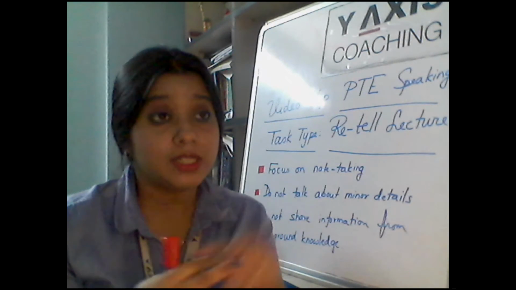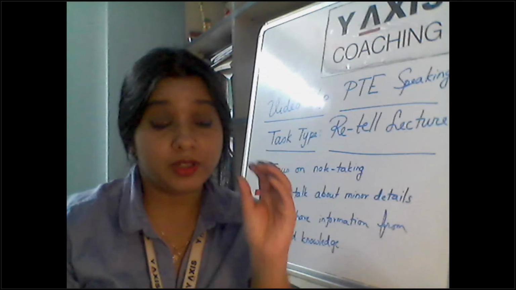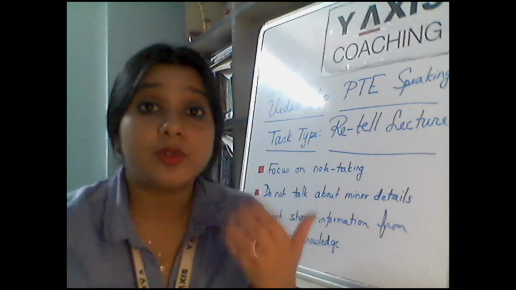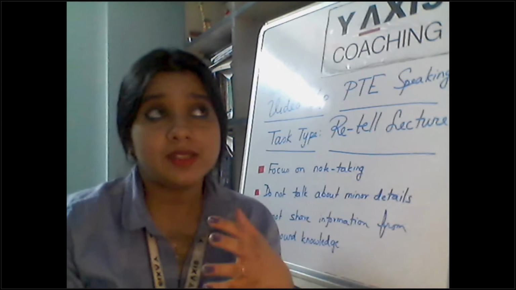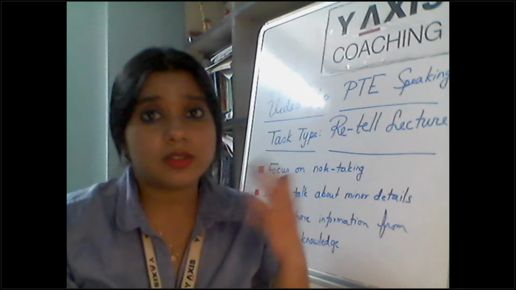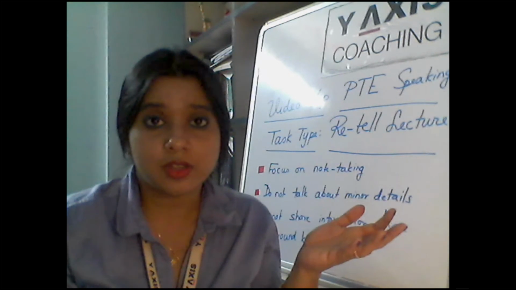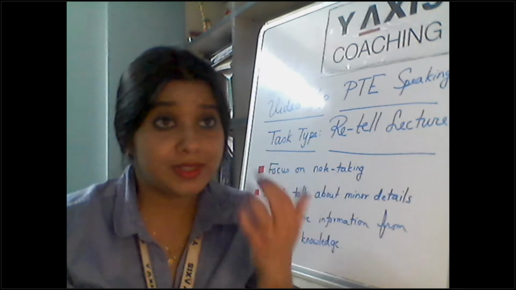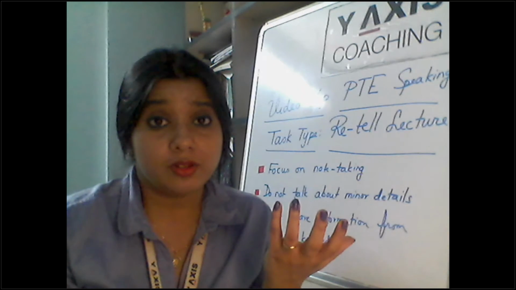Make sure that the subject matter, the topic of the lecture, is always mentioned. That is the first sentence. So there should be an introductory sentence, and it can be as simple as: the lecture is about such and such thing. The lecturer speaks about microscopes. So you're saying what the lecture is all about.